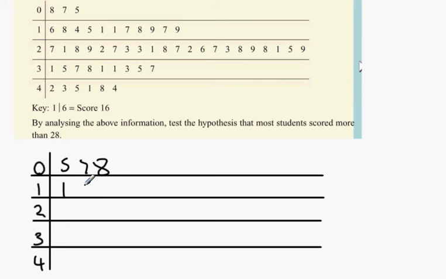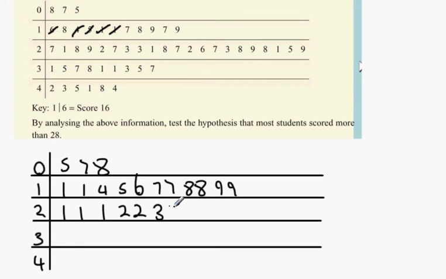1, 1. What comes after 1, 1? 4, 5, 6. Yeah. 7, 7, 8, 8, 9, 9. Okay. Next one. 1, 1, 1. 3 ones. Yeah. 2, 2. 3, 3, 3. 5, 5. 6. 7, 7, 7, 7. 4 sevens.